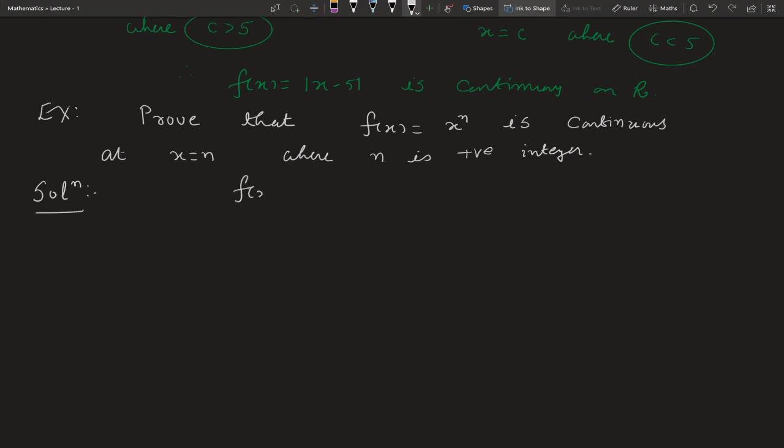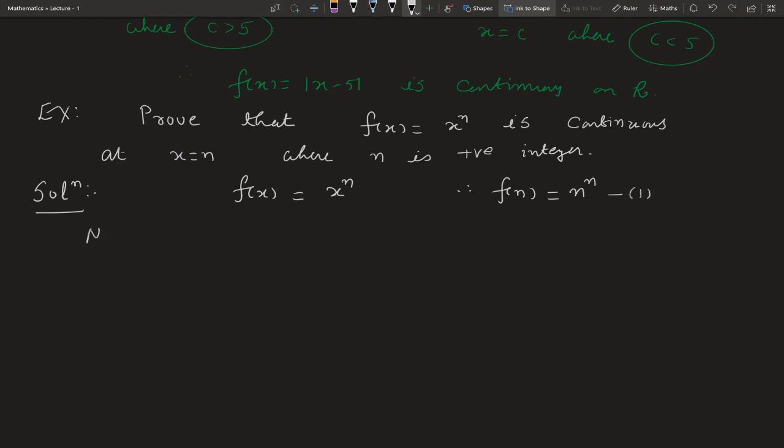The function is given, f of x equal to x raised to n, therefore f of n, put x equal to n, is n raised to n. Say result number 1.